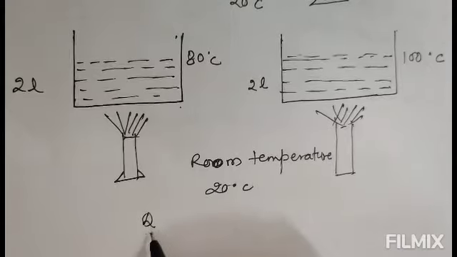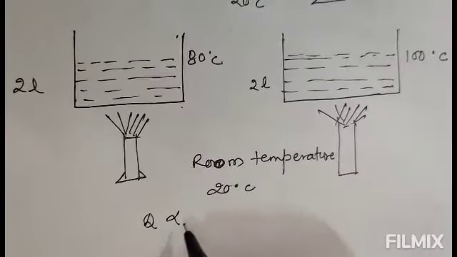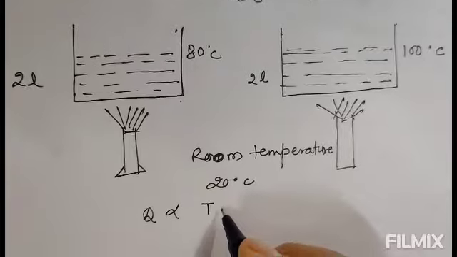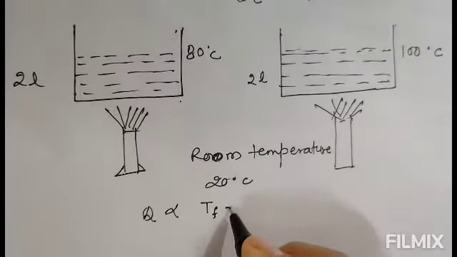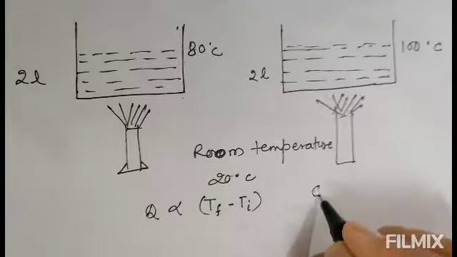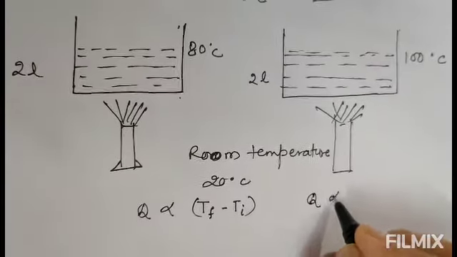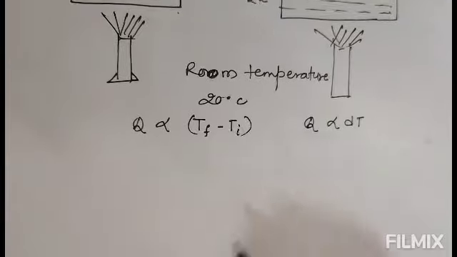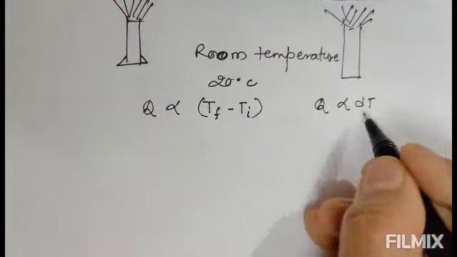That means the heat is directly proportional to the difference in temperature, the final temperature minus initial temperature, or simply Q is directly proportional to dt, if this change is very small.